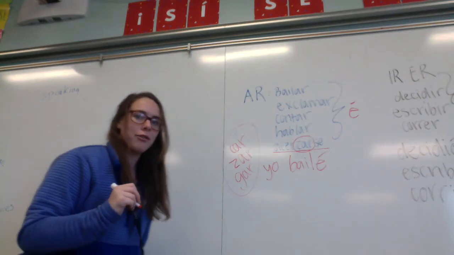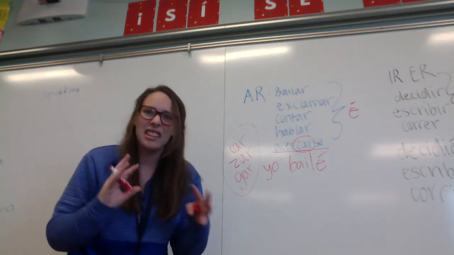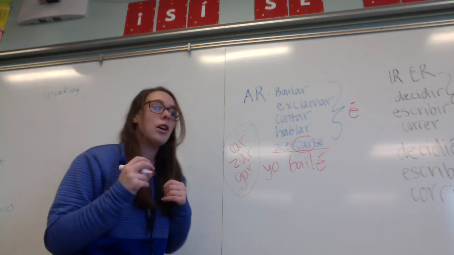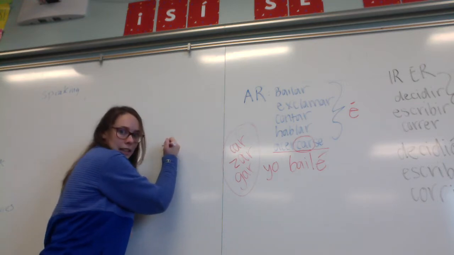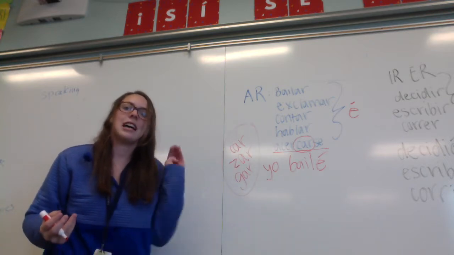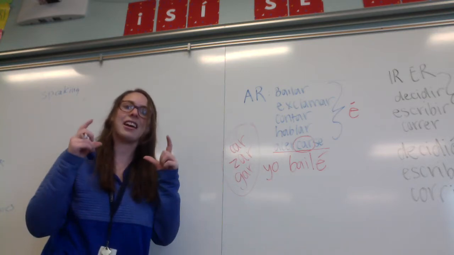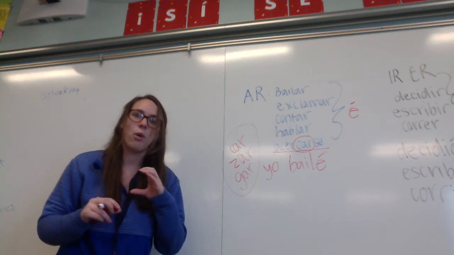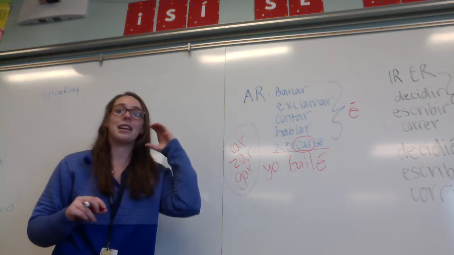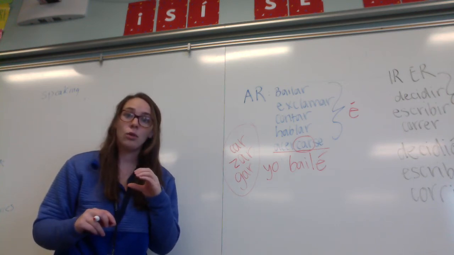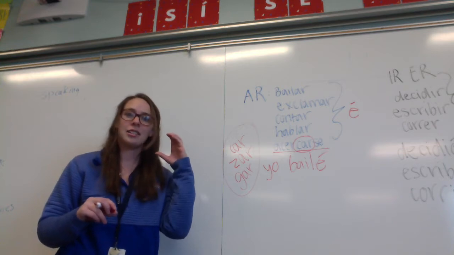Car, gar, zar verbs have to change a little bit of their spelling because of the sound of Spanish. So, for acercarse, to approach something, if I was saying he or she approached, it's acercó, and it has that k sound. C's in Spanish, depending on what vowel they're by, can either be k sounds or s sounds. So we want to make sure that we keep that k sound.